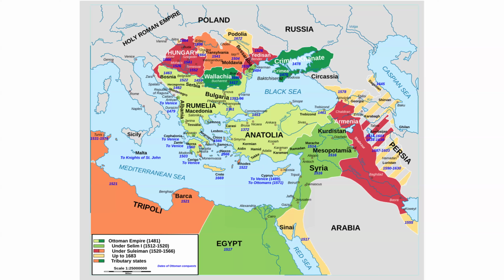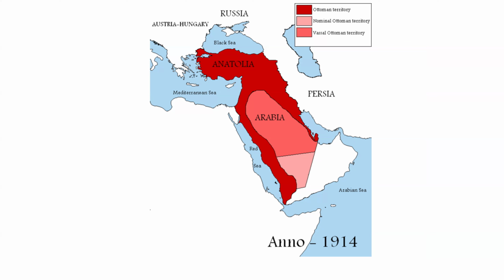By the 1900s, the Ottoman Empire has been greatly reduced. This is in 1914, and the Ottoman Empire made a mistake in 1914. They sided with Germany. They didn't start World War I, but they sided with the wrong side, the side that lost in the treaty.